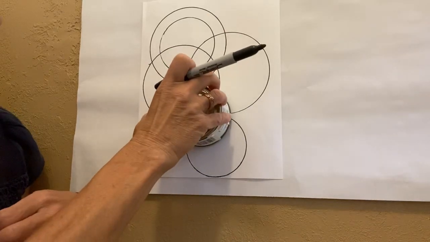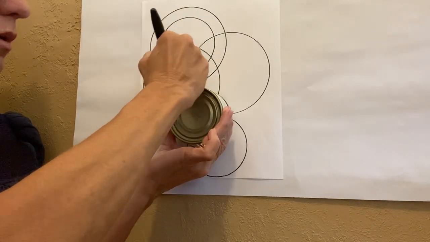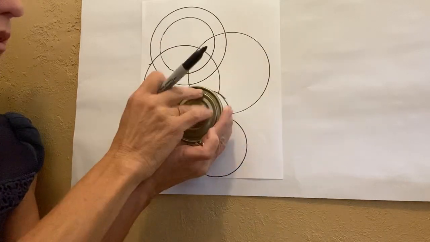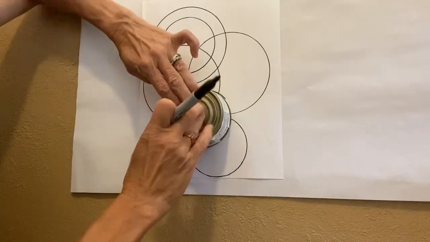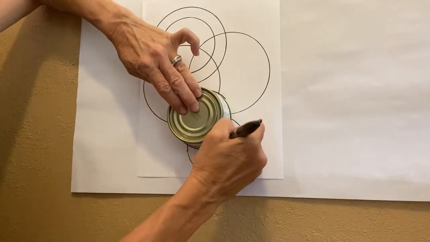And then I can do some overlap. This is super hard to do on a wall. You guys are lucky. Do it on a flat table or something like that.